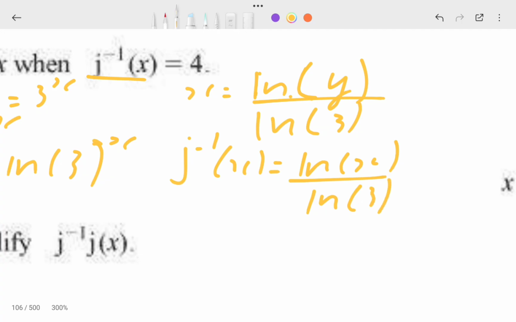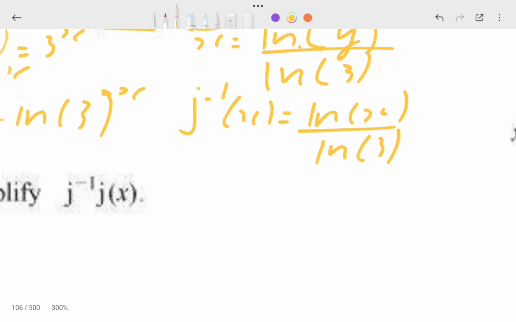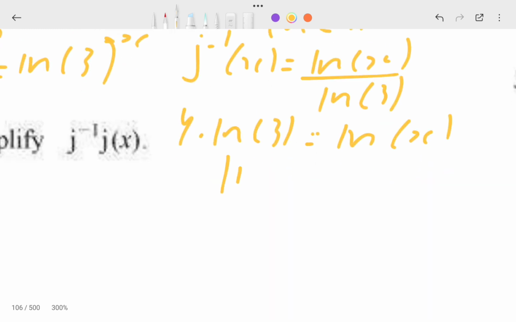Okay, so j inverse of x equal to 4. So 4 is equal to ln x divided by ln 3, and if we take ln 3 to the left side, it will multiply with the 4. So 4 ln 3 is equal to ln x.